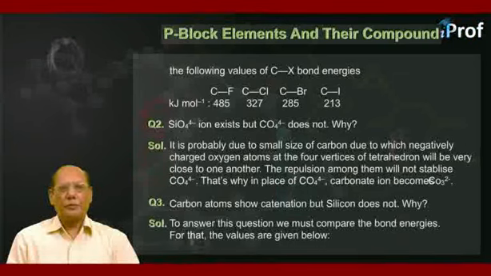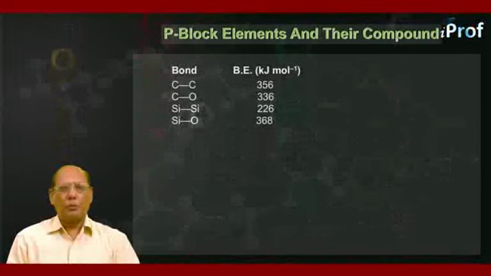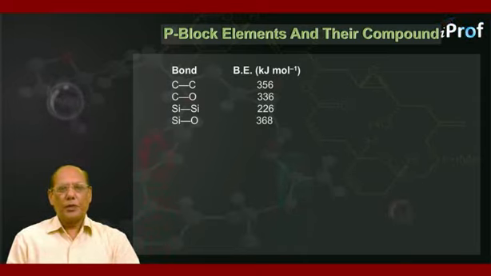For that, the values are given below in terms of kilojoule per mole. So for carbon-carbon bond, the value is 356. For carbon-oxygen, 336. Silicon-silicon, 226. Silicon-oxygen, 368.